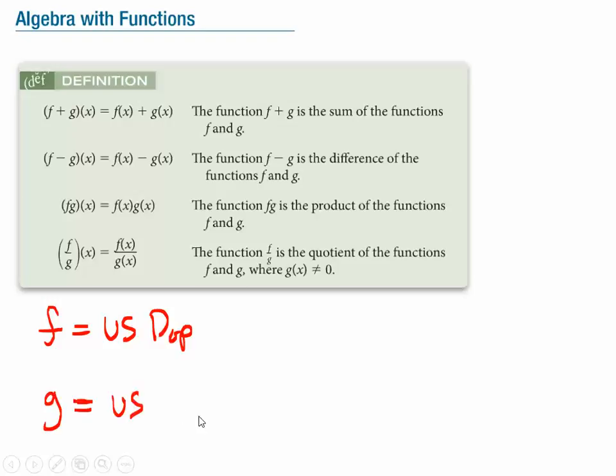Let's say the G function is the U.S. immigration. So U.S. population is F. G is how much immigration we have, one way or the other. People leaving, people coming. And so what would this give us?